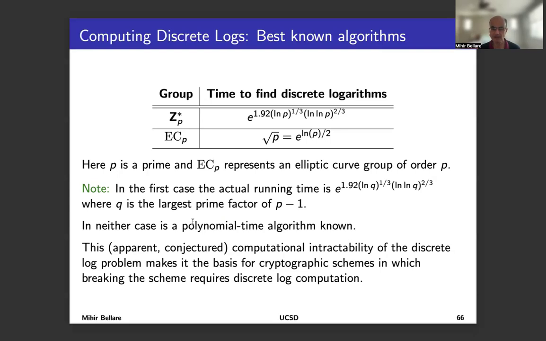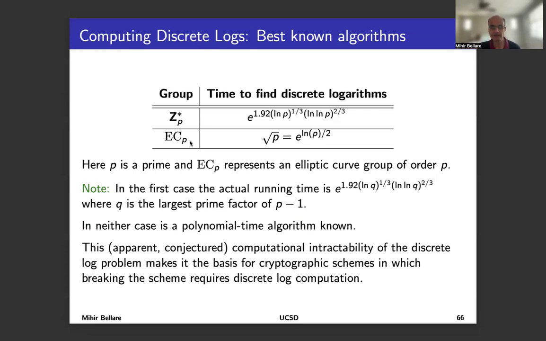We see also in that space that the running times do depend on the type of group you have. The most familiar group to us would be Z_P star, so integers modulo prime, and the multiplicative group. In that case, this formula tells you the running time of the best known algorithm to solve the discrete log problem. The formula is a little complicated. It's what's called a sub-exponential time algorithm.